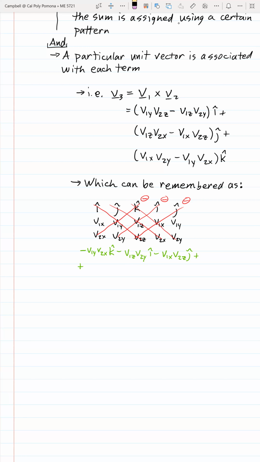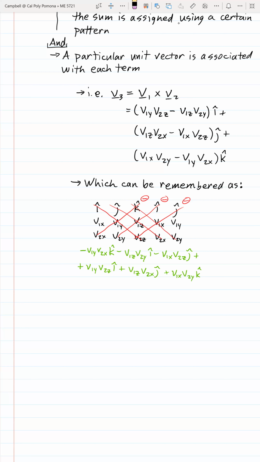So here plus v1y v2z i hat plus v1z times v2x j hat plus, last but not least, v1x times v2y k hat.